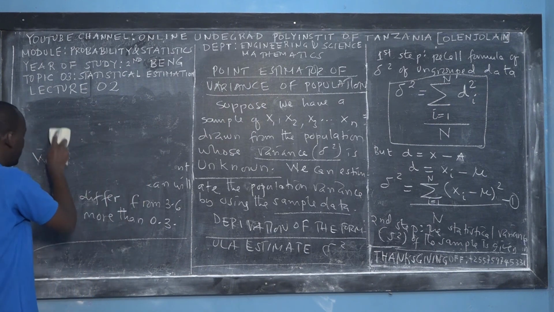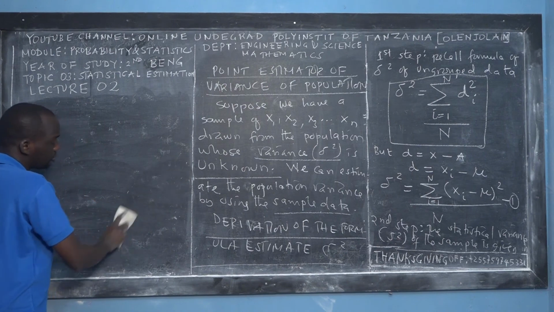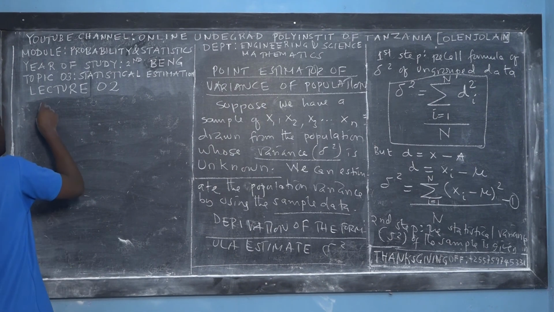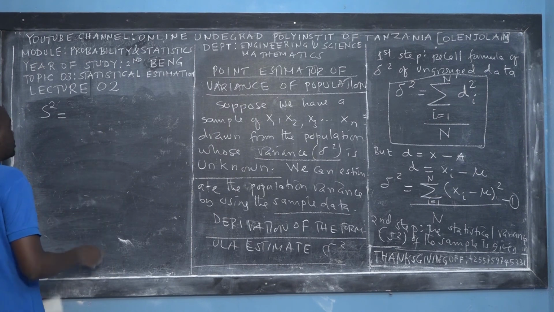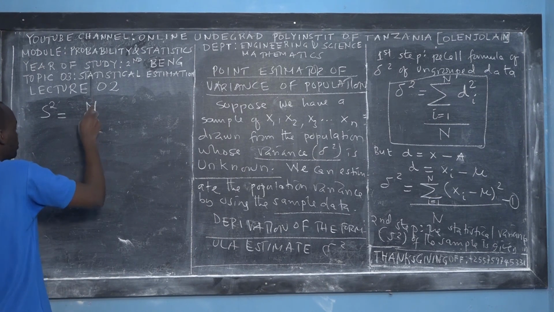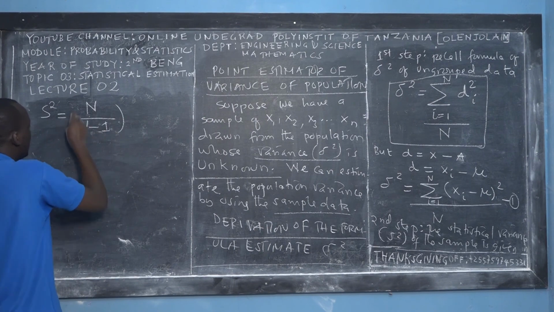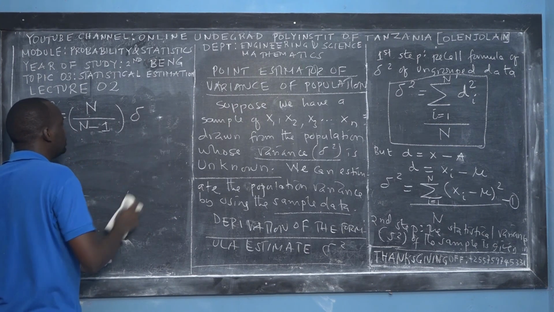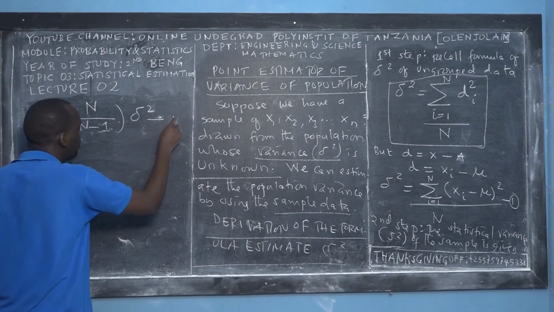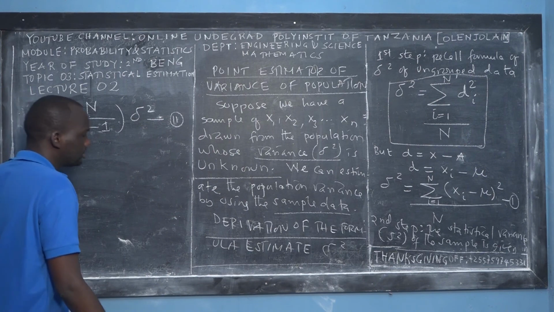The sample drawn from the finite population. So we say that the statistical variance, S square, is given as what? The fraction, sample size n over sample size minus 1, and then we multiply by the population variance, which is sigma square. So suppose that this is equation 2, right? So that's the case, that's equation 2.